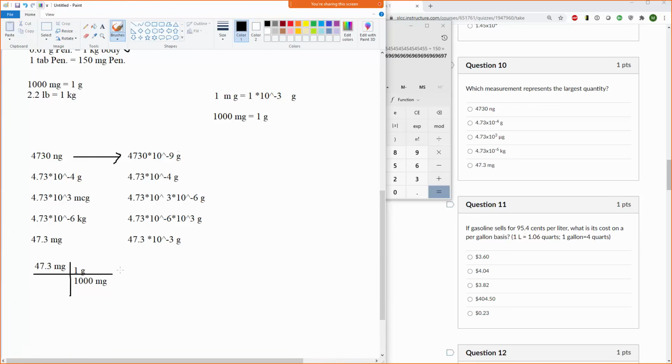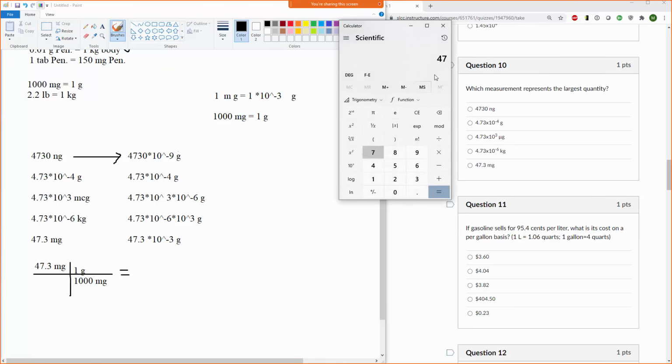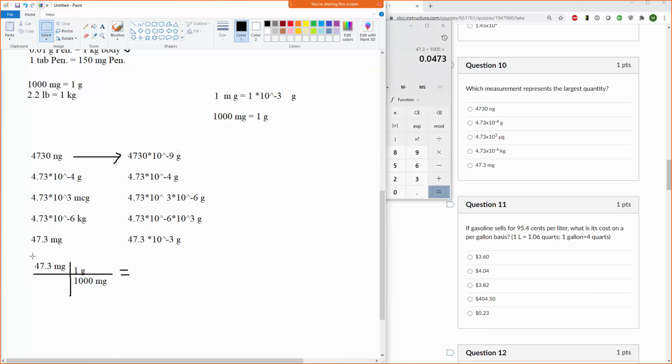And then plug that in. You'll get the same answer as I did here. 47.3 divided by 1,000 is going to get me 0.0473, which is what's going to happen when I take this negative 3 and walk it back there. So there's more than one way to do this. This is just one way. If you don't love it, it's okay. There's other methods.